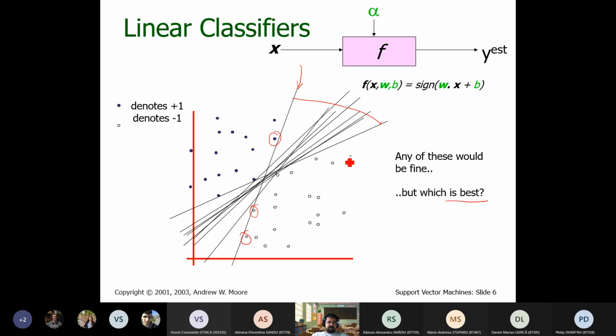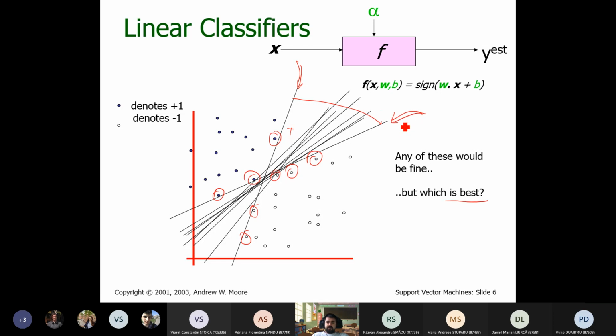So you might have a point from here, and instead of being classified as +1, this classifier will classify it as -1. The same is valid for this one, which is close to a lot of negative points and also a lot of positive points. So basically, we don't want this one, we don't want this one.